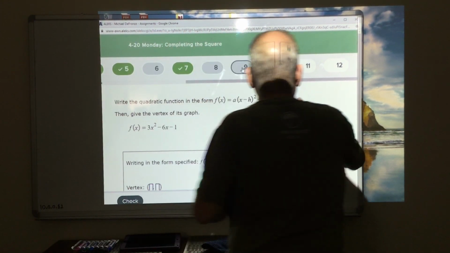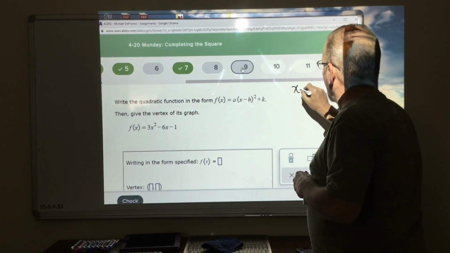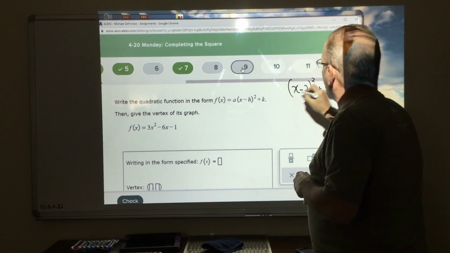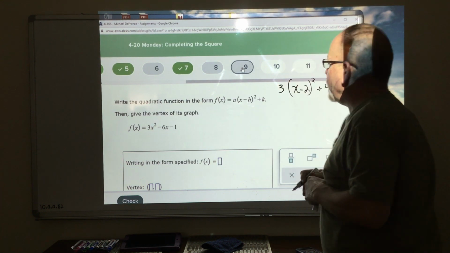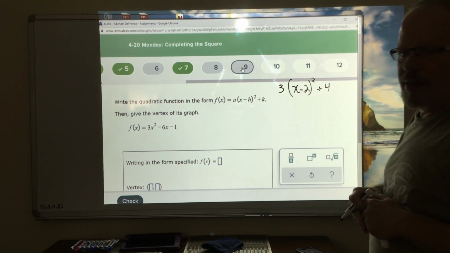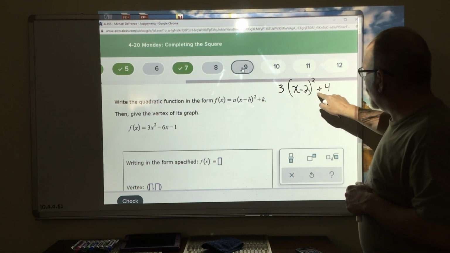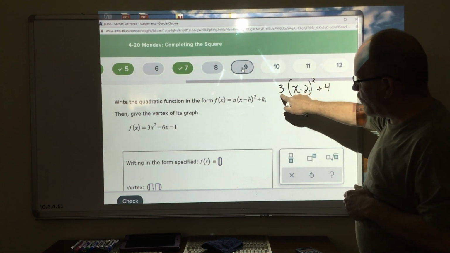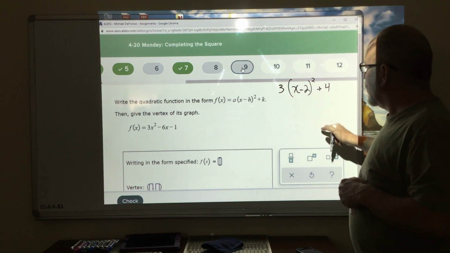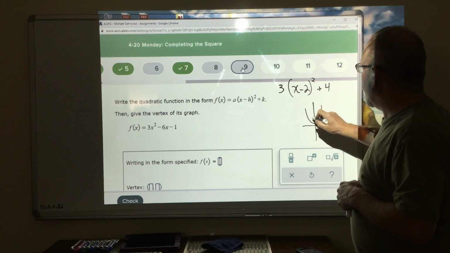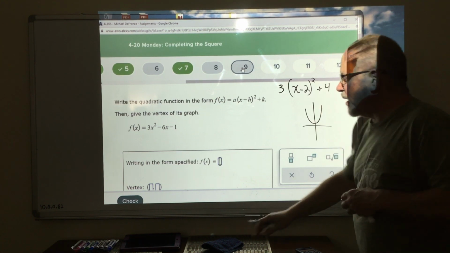You remember when we were transforming a graph? Do you remember that? We would shift it to the right 2 and up 4 and stretch it by 3. Do you remember we would take x squared and we would move it and transform it?